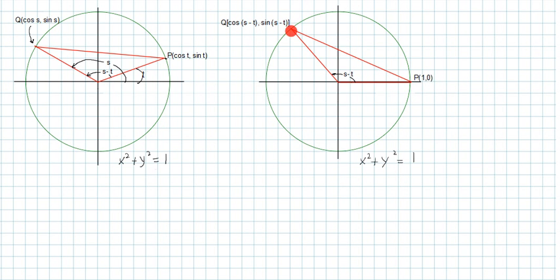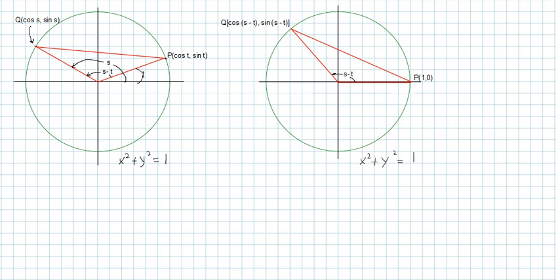Now this point. Instead of working on the reference triangle and all that stuff, since the initial side is at 0, we just use the whole angle, s minus t. Just copy from here, same angle, s minus t.